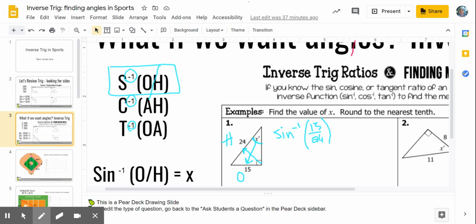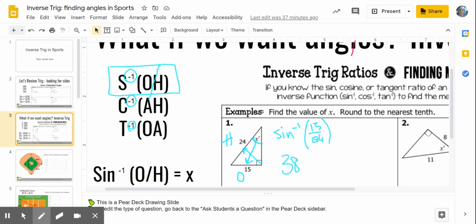And then it was 15 over 24. No equal sign, no multiplying, no dividing. You just put it in parentheses. 38.68. Sweet.